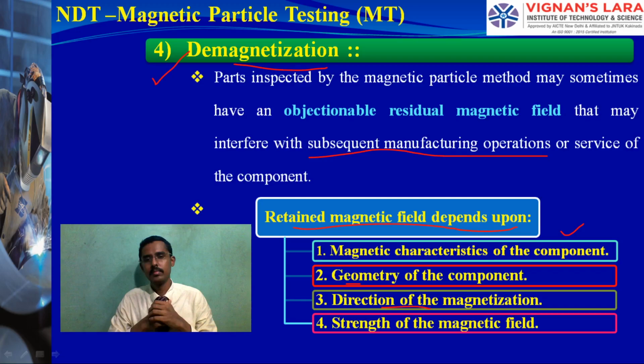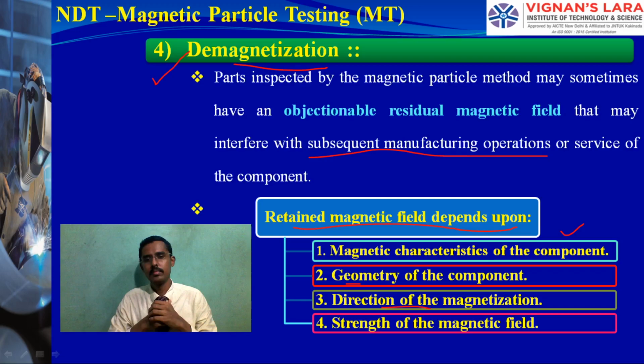If we are giving 50, 60, 70 amps, then the magnetic field is higher. If you are giving 20, 25 amps of current, then the magnetic field is reduced. That is how the residual magnetic field forms on the specimen, which should be demagnetized. So that is the fourth point in the demagnetization process.